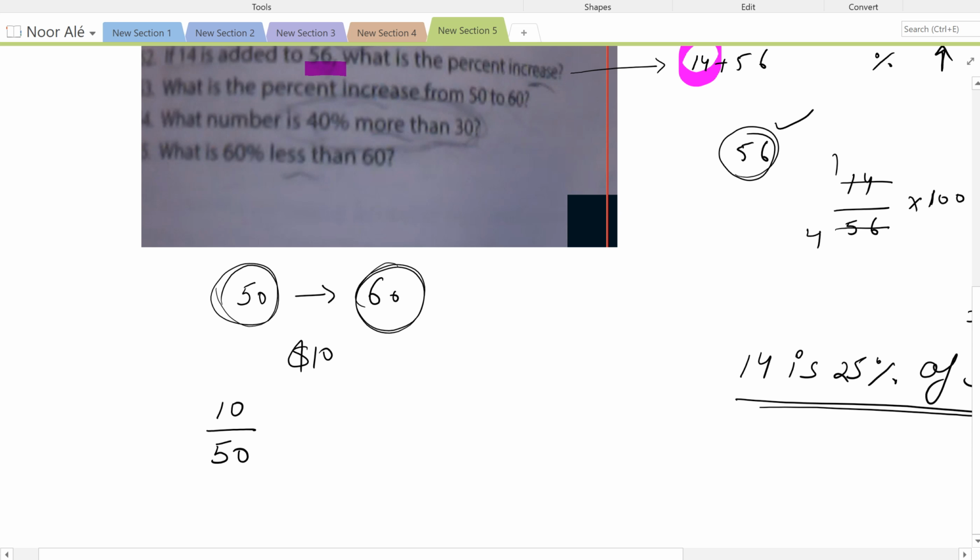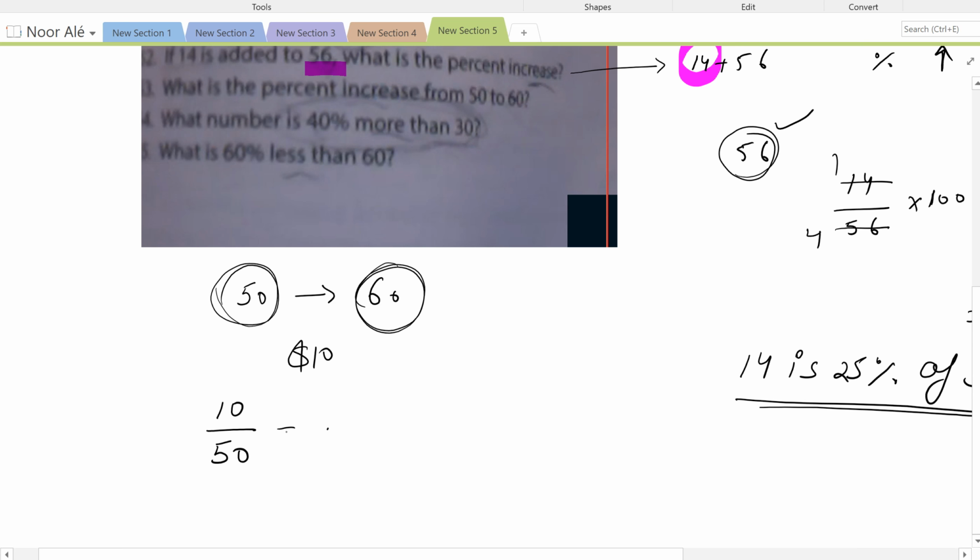What is the percent increase that you need going from 50 to 60? That is 10 divided by 50 multiplied by 100, and now we simplify this, or simply find the ratio of that.